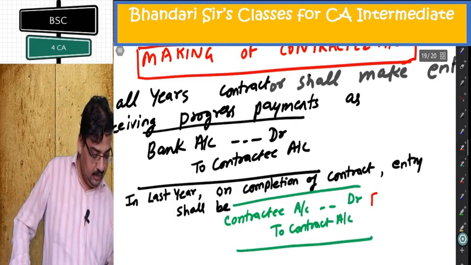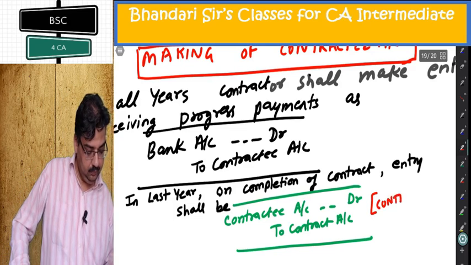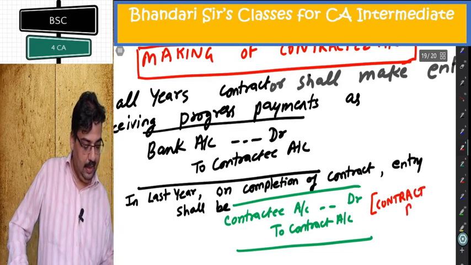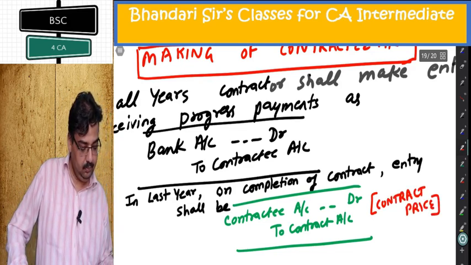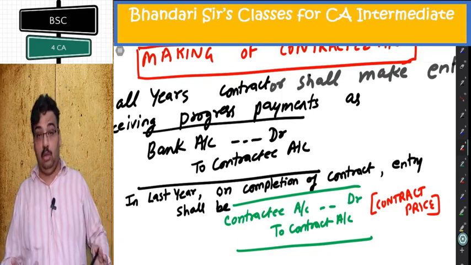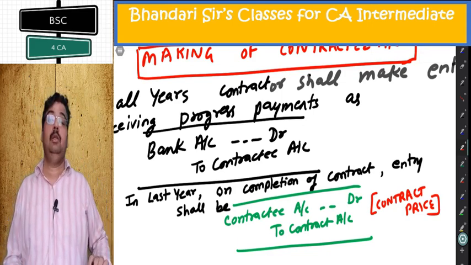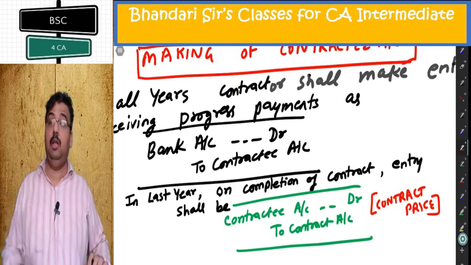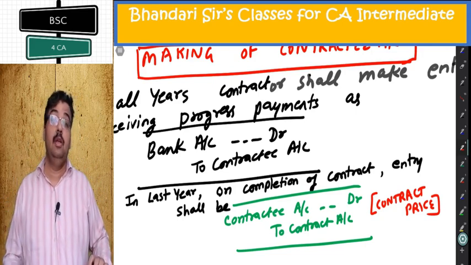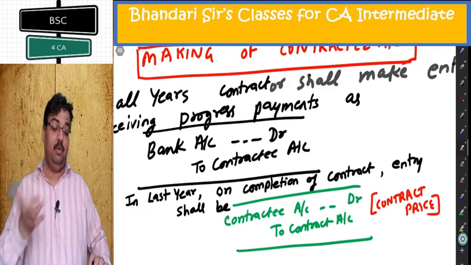What is the amount of this entry? Contract price. At the total contract price the entry is passed, and after that you receive the retention money. Retention money receipt, same entry, bank to contractee.